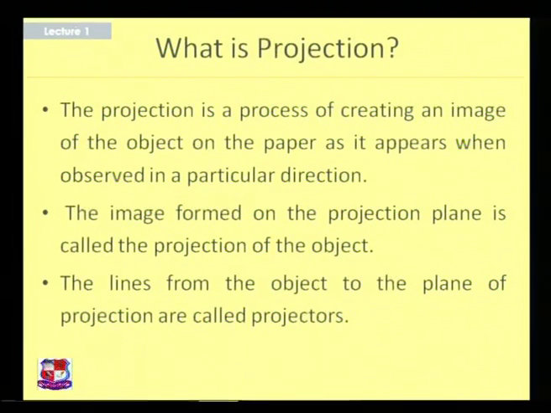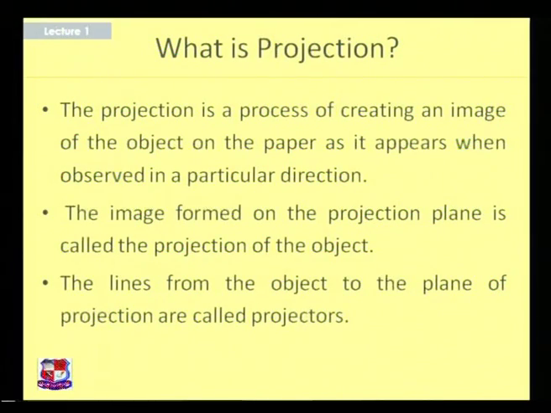When there is a real or 3D object, drawing the image of the 3D object directly, or communicating it to different industries or studying it in the engineering design field, is not possible, because the different dimensions of the object are required.